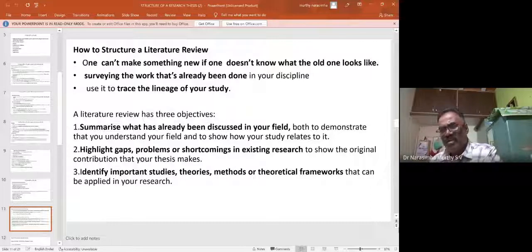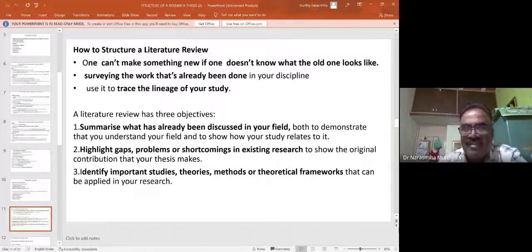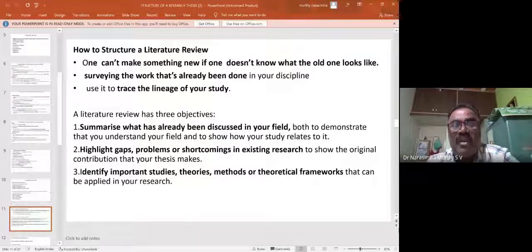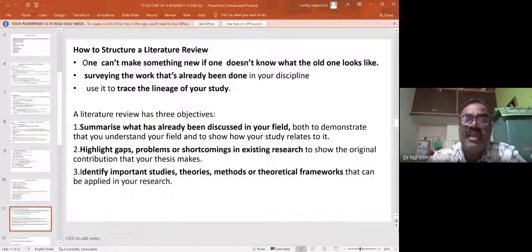But once you contribute that, it will automatically seep into the tradition. So you should have complete knowledge of the tradition, complete knowledge of what is happening in that area of study, because you can use this literature review to trace the lineage of your study.